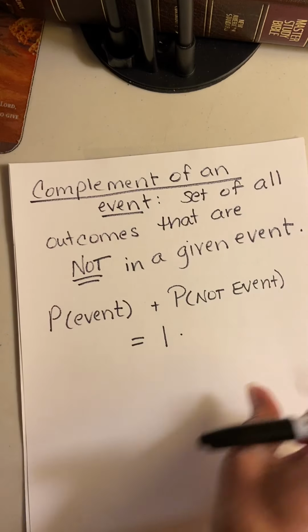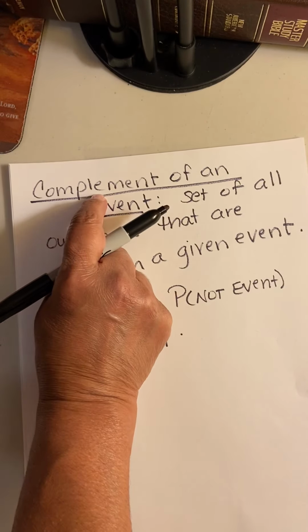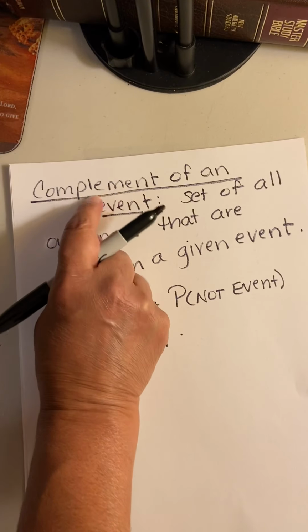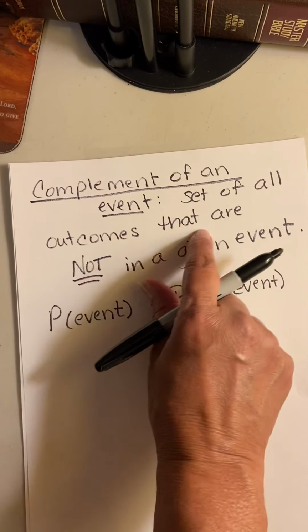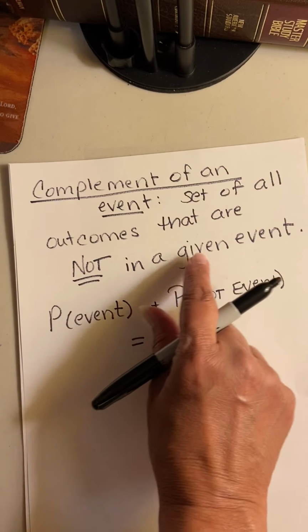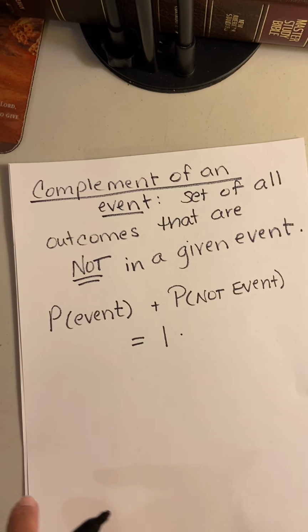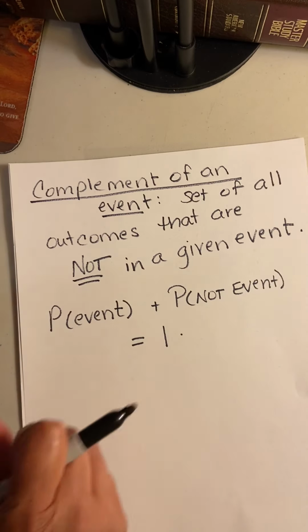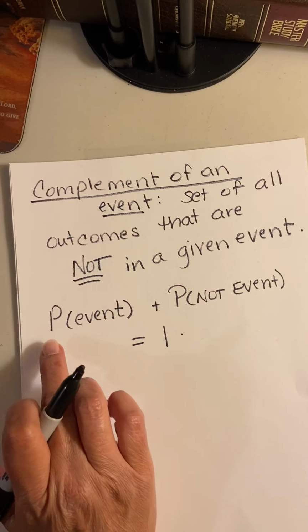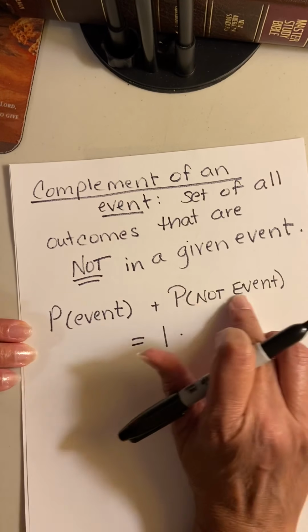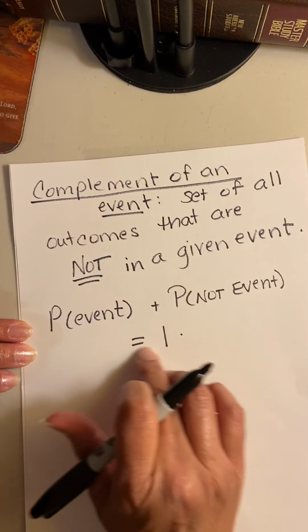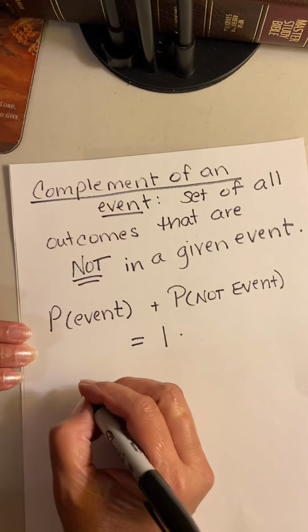The next thing we're going to talk about is the complement. It's like a completion word. The complement of an event is the set of all outcomes that are not in a given event. The probability of an event plus the probability of not that event should always equal 1 whole. Let me give you a quick example.